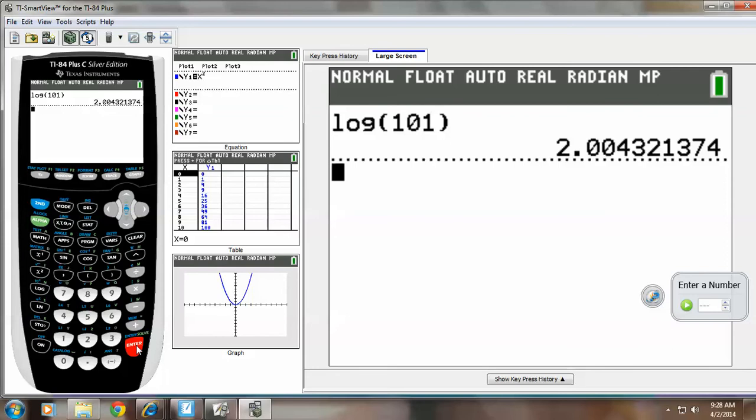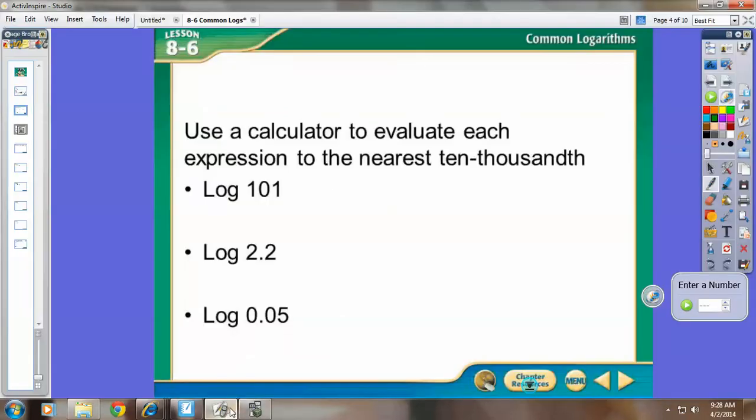So how many decimal places is that? 4. I want to round to 4 decimal places. So is this 2 going to round the 3 up, or is it going to remain a 3? It remains a 3. So this calculated answer should be 2.0043. Make sure you do round appropriately. If you need to round up, do so. Don't just cut off your decimal.